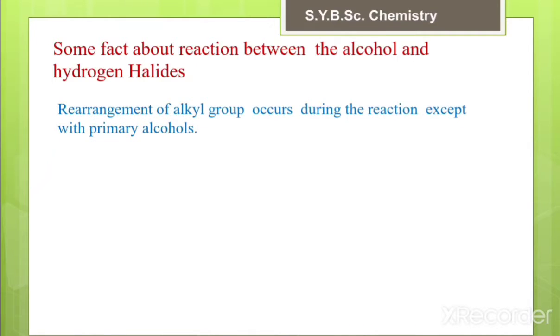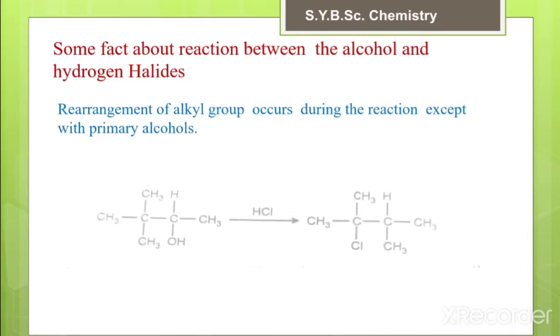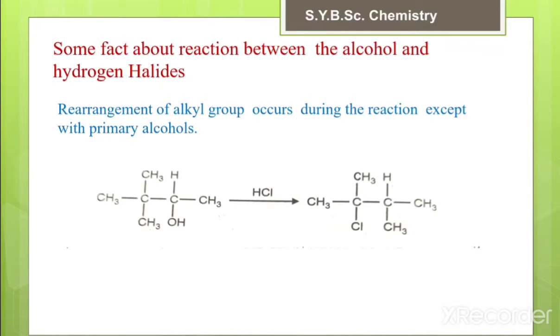The rearrangement of the alkyl group occurs during the reaction except with the primary alcohol, and the alkyl group of the halide does not have the same structure as that of the alcohol. For example, in this reaction, rearrangement will take place, and here the addition of the Cl will take place.